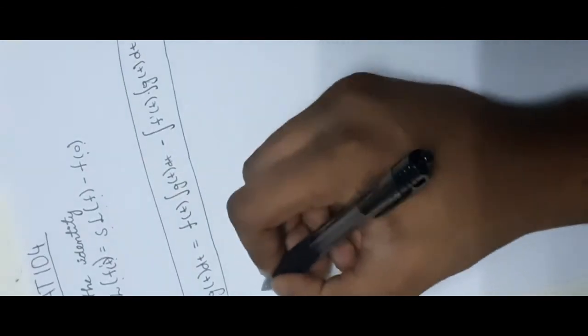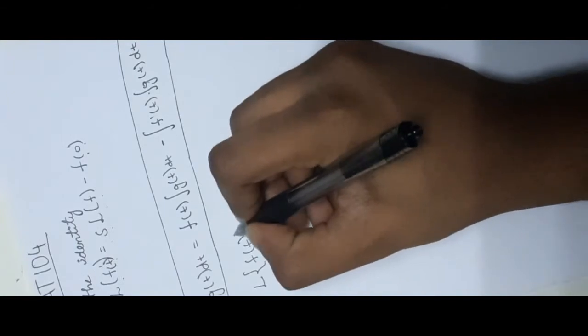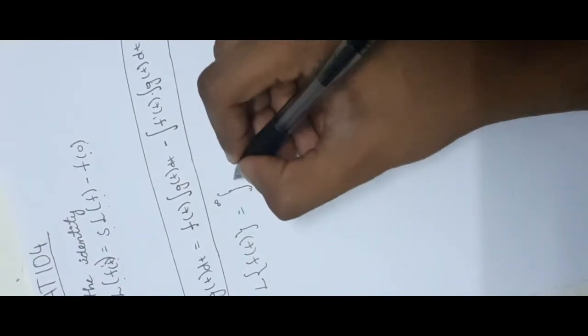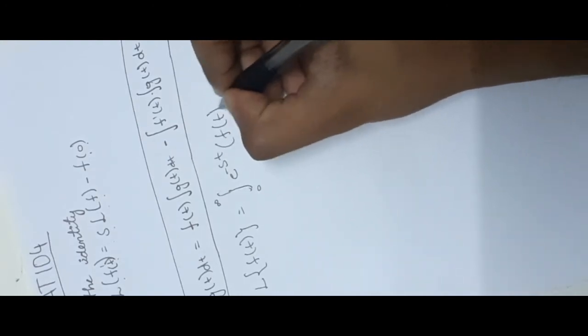So we know from the definition itself, Laplace of any function f of t is equal to the integral from 0 to infinity of e to the power minus st into f of t dt.